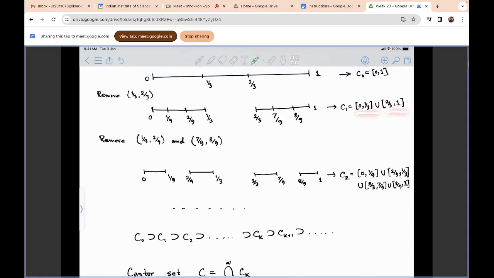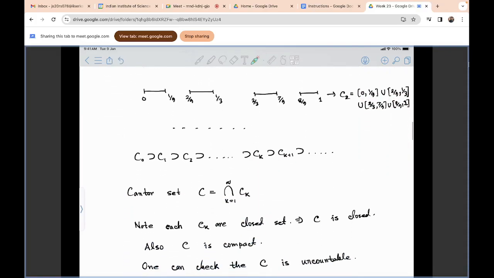C1 is a finite union of closed sets. So C1, C2, C_k are all closed sets, and C is defined to be the intersection of closed sets. There is a result that an intersection of closed sets is closed. So each C_k is closed, therefore C is closed.